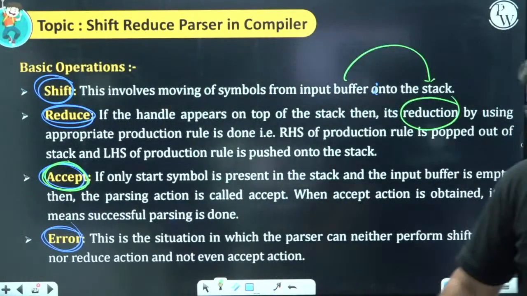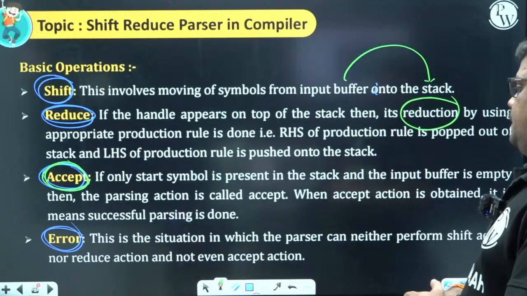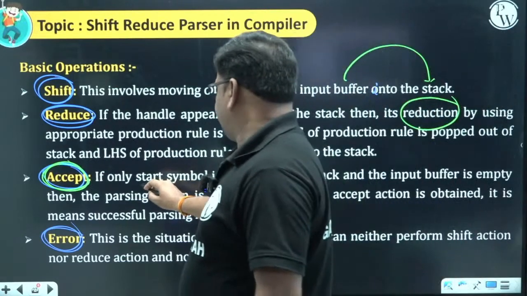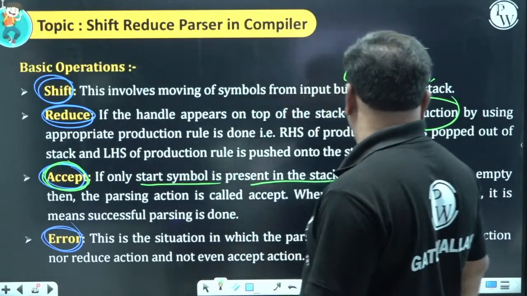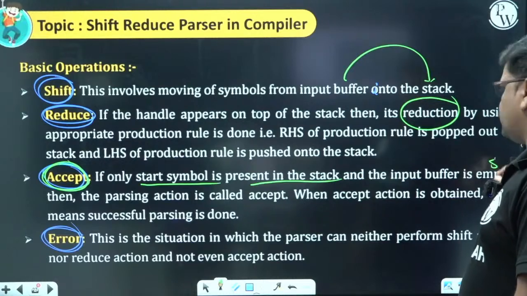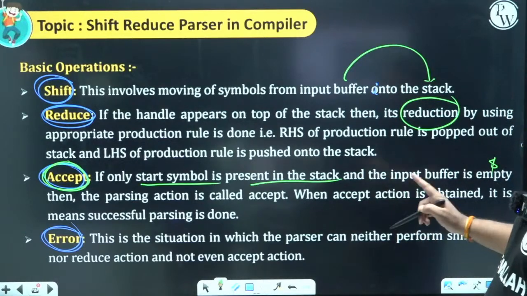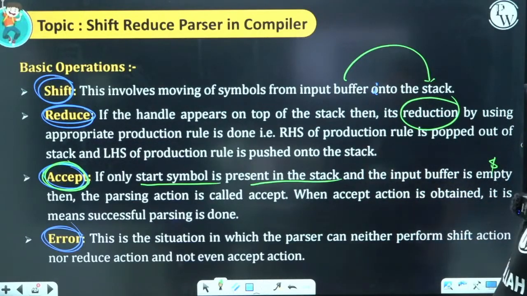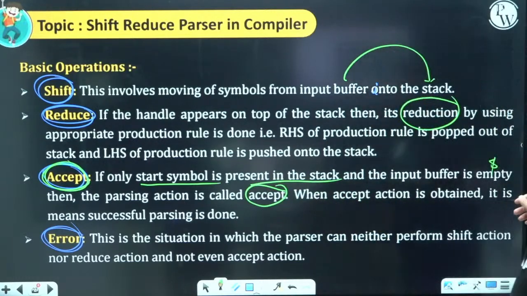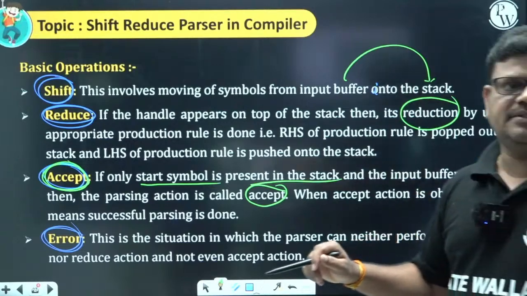What is accept here? If only the start symbol is present in the stack and the input buffer is empty, which means it points to dollar, then parsing is called accept. When accept action is obtained, it means successful parsing is done.